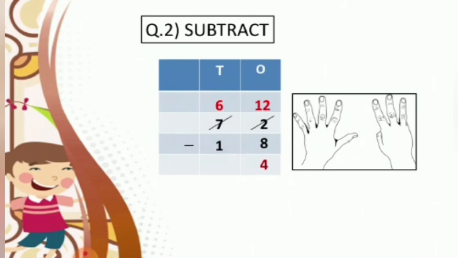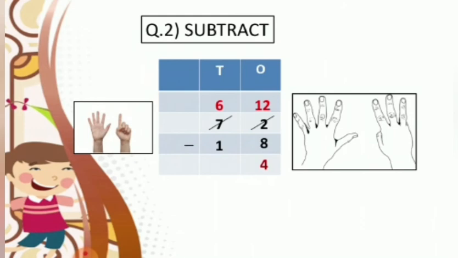So how many fingers you have to open? 6. How many fingers you will close? That is 1. So close your one finger. How many fingers are open now? 5, right? Let's count. 1, 2, 3, 4, 5. 6 minus 1. Your answer is 5.